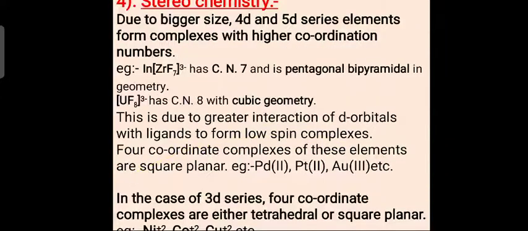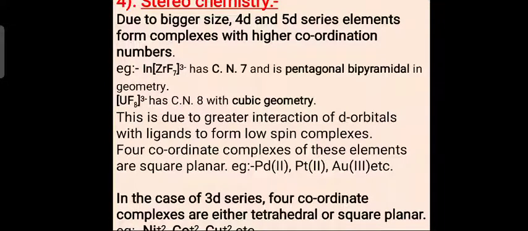Next slide. Fourth point, stereochemistry. Due to bigger size, 4d and 5d series elements form complexes with higher coordination numbers. For example, in zirconium heptafluoride, ZrF7 3-, the coordination number is 7.